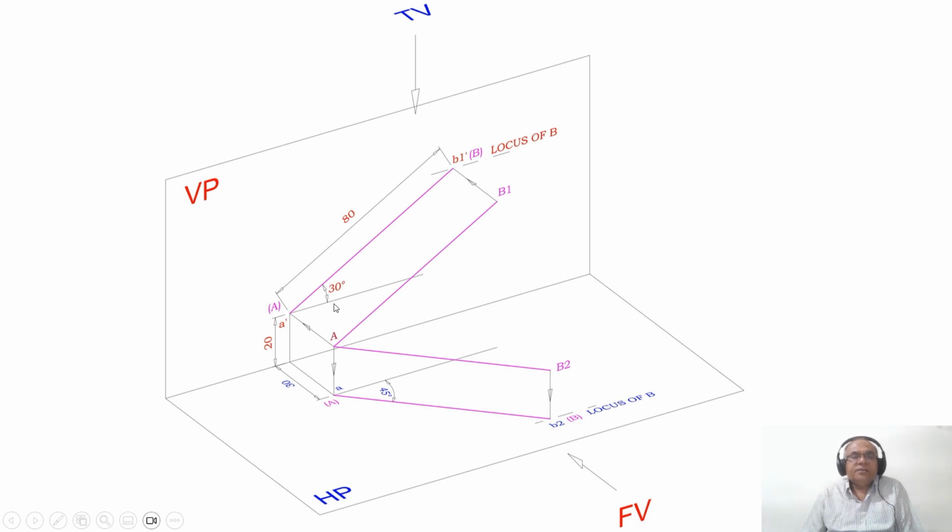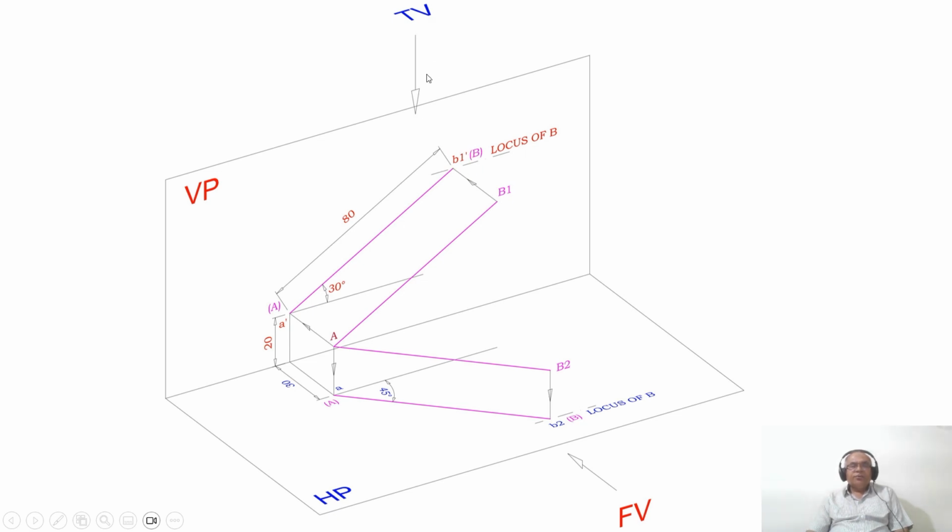Once you get this line in the front view, you are getting the boundary, that is, the locus of B in the front view. So he says this is capital AB because it is 80 mm long. This is not the front view, but it is the true length of the front view. That is the reason why we are taking B1 dash. Why is it called B1 dash? Because this is the first line we are considering. So that is the reason why we have B1.